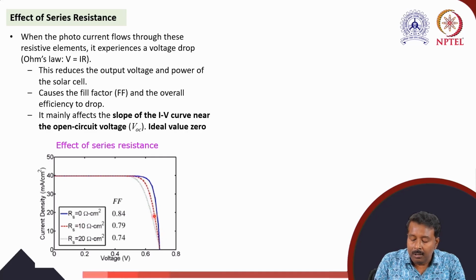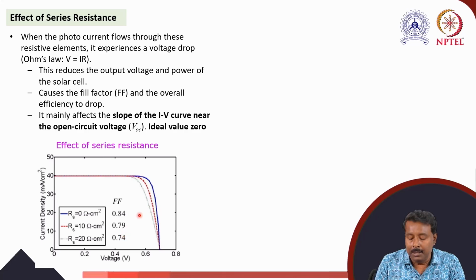That means if you have a practical IV characteristics or experimental value of IV characteristics of a solar cell, from that characteristics, by taking the slope, you can also calculate the value of Rs. And due to this change in the IV characteristics, fill factor will be affected, because fill factor we discussed, that is the maximum area under the curve, that is maximum power divided by VOC into IOC.